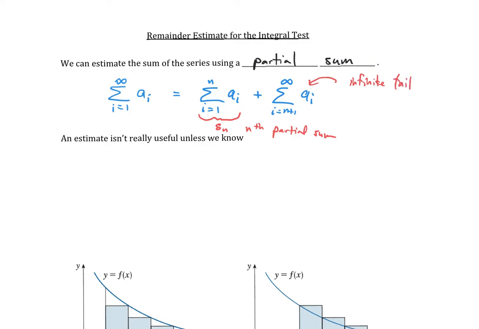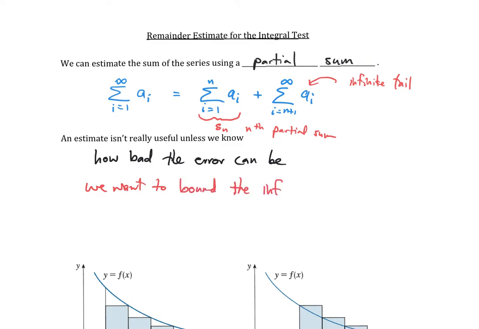Okay. Now, an estimate isn't really useful unless we know how bad the error can be. In other words, we want to bound the infinite tail, this second piece right here.